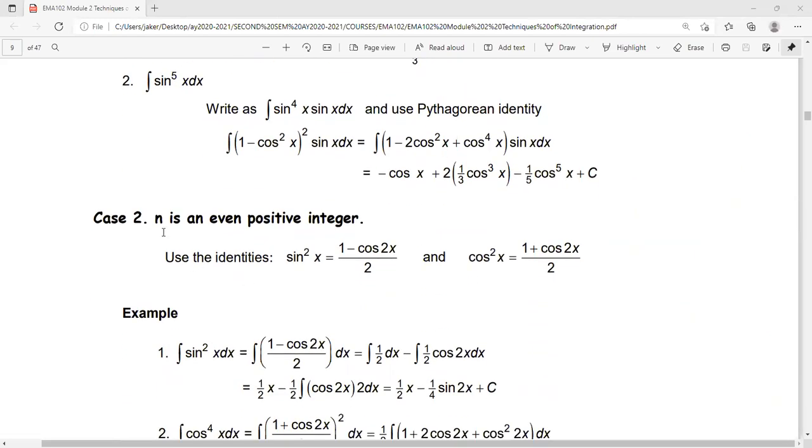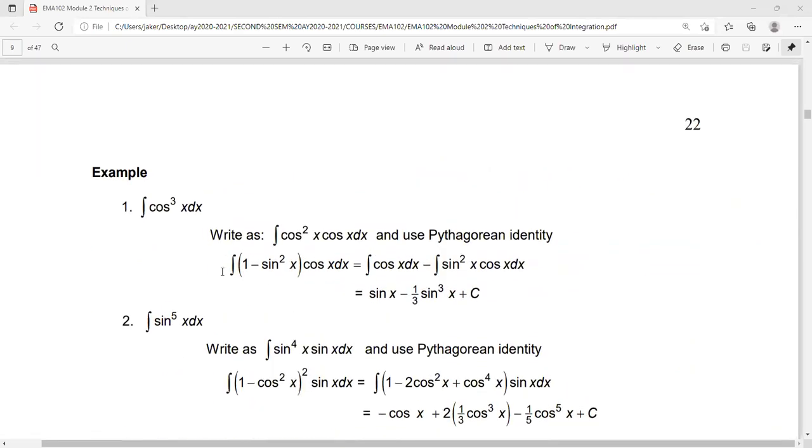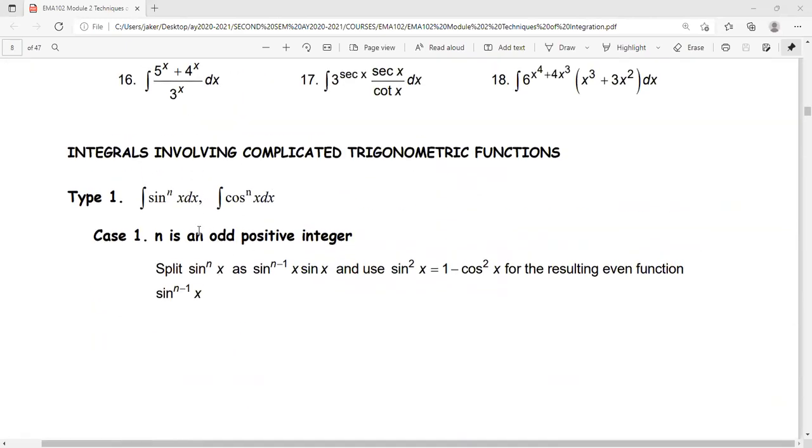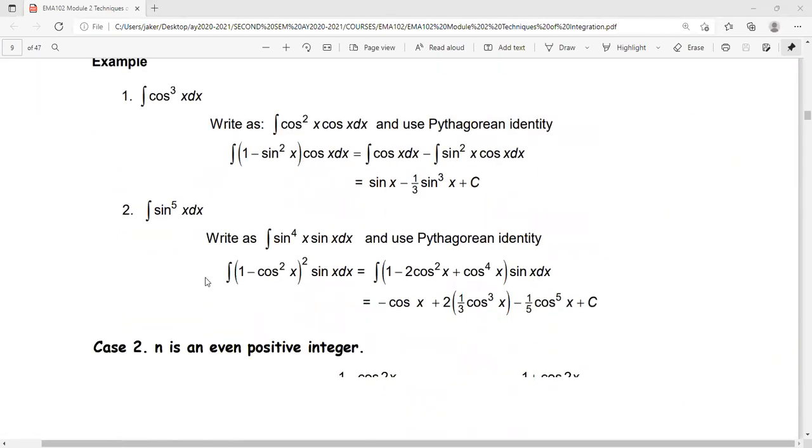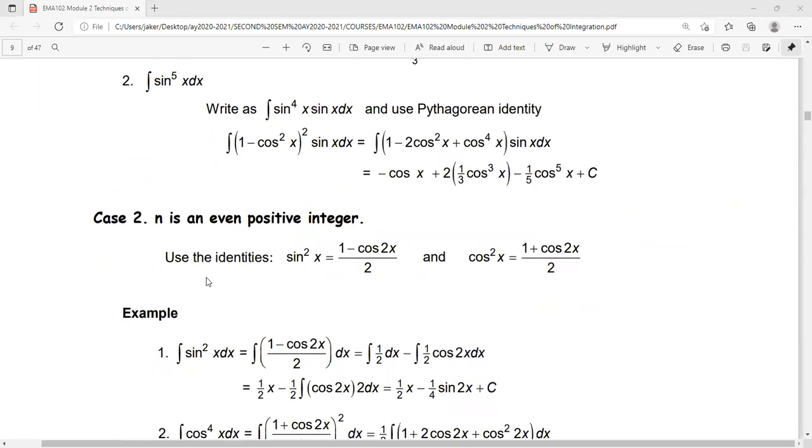So case 2, your exponent n is also positive, but this time it's even. In case 1, it's odd. So what identity will you use to transform your cosine or sine function, which is raised to an even positive integer? This will be your new trigonometric identities.